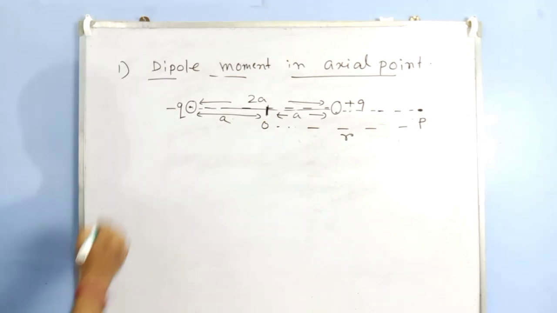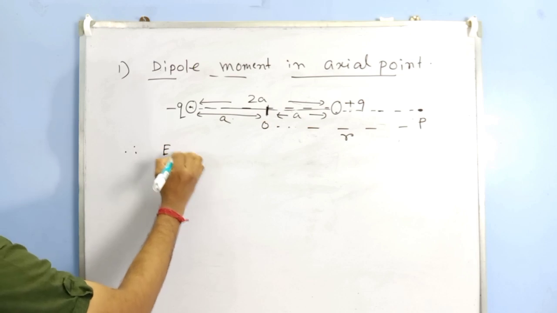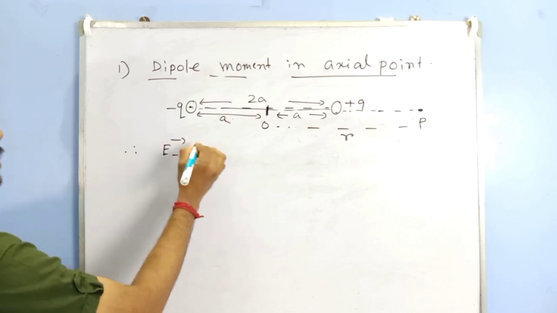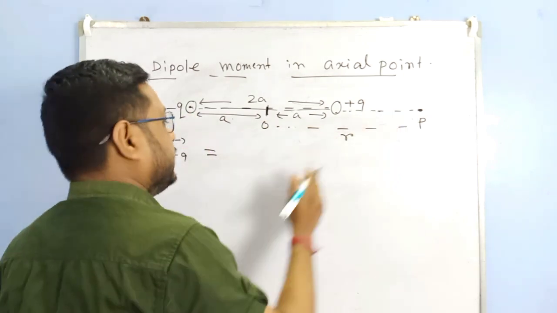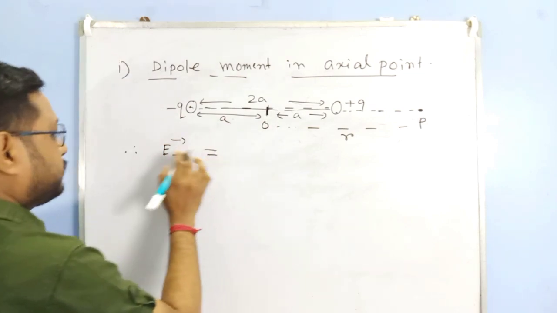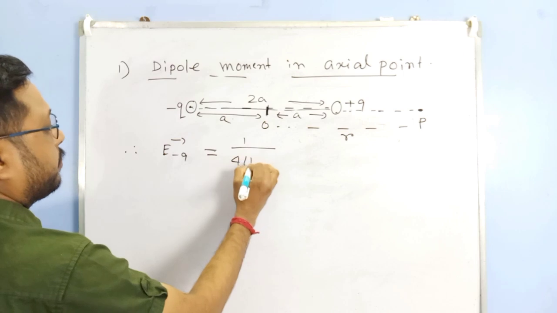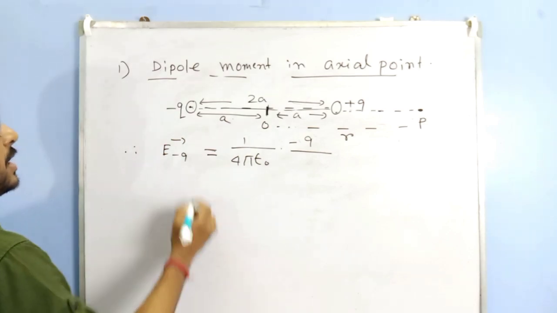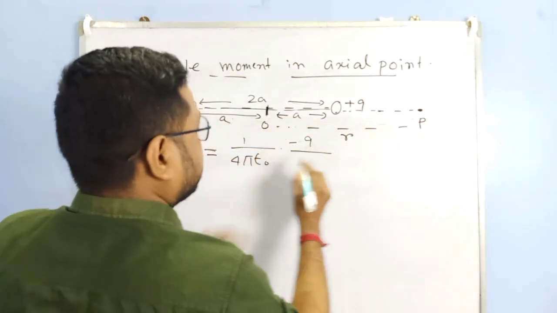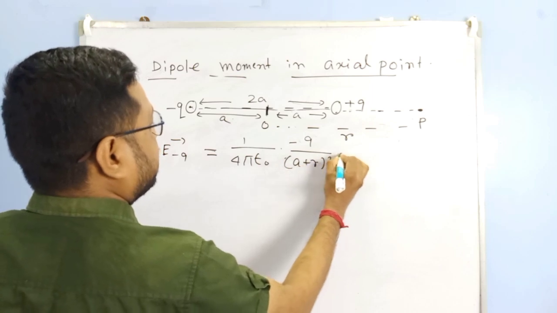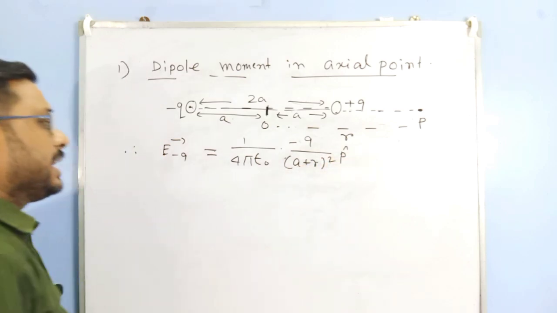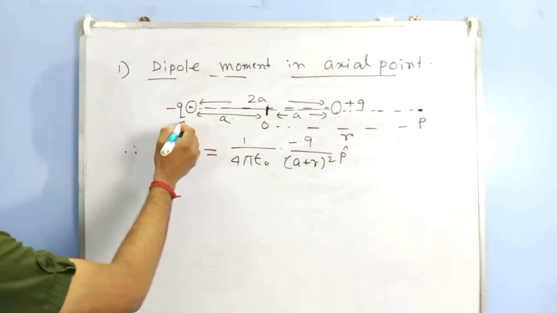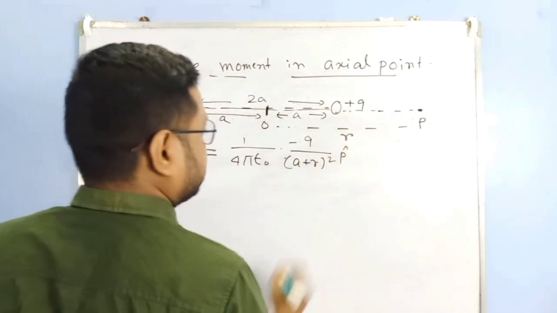Now we can see that E1, or E minus q, that is the electric field due to the minus q charge at point P, is given by 1 by 4 pi epsilon naught into minus q divided by the distance squared, which is (a plus r) square, into p cap, where p cap is the direction of the dipole from minus q to plus q.